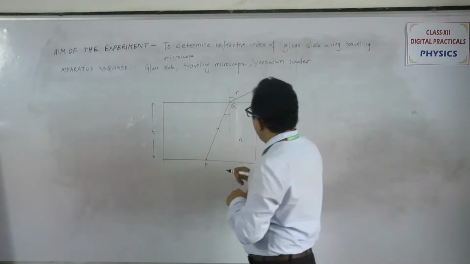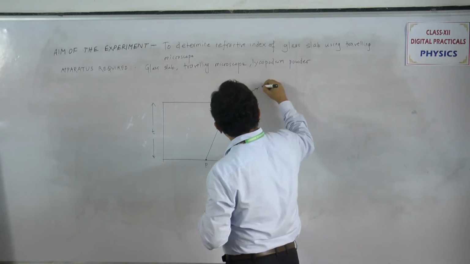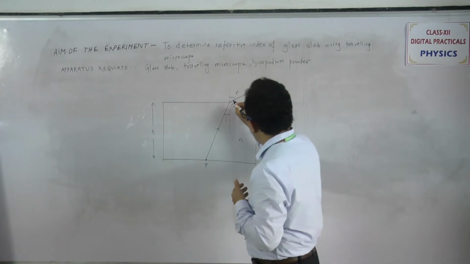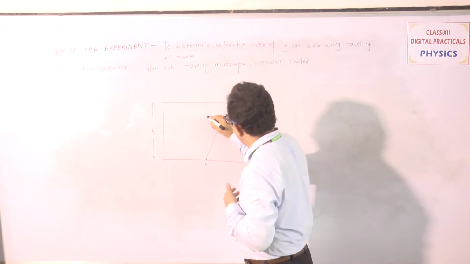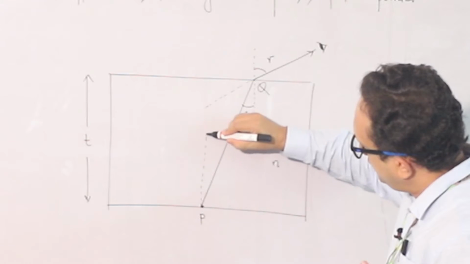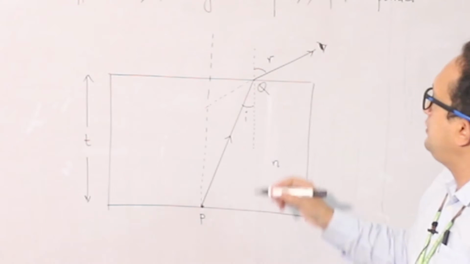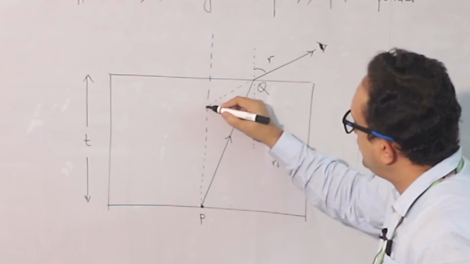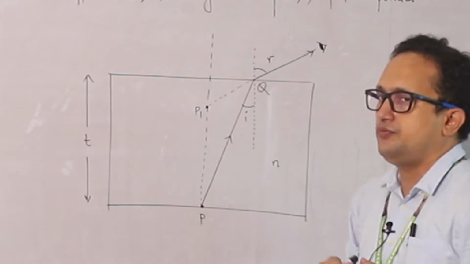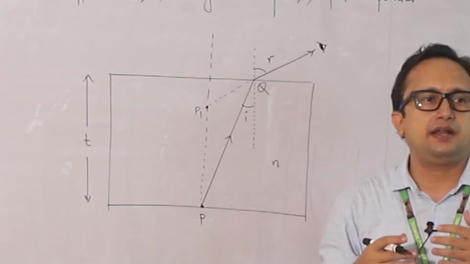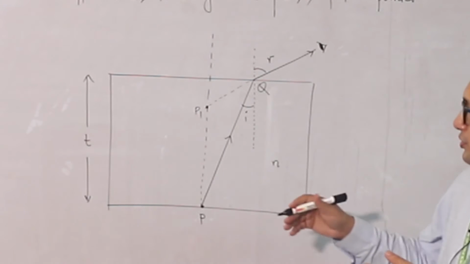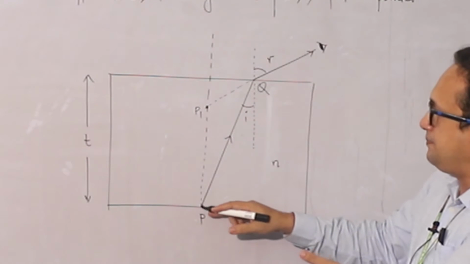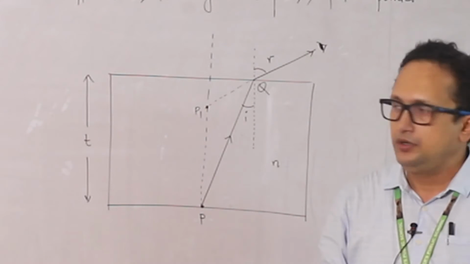Now, if I observe the ray from this point, it will appear to me as if the ray is coming from some point here. Consider a normal drawn like this. So for this observer, this refracted ray appears to come from this point. I will call this point P1. This acts like the observed image. So from a rarer medium, the point P appears to be raised to point P1.